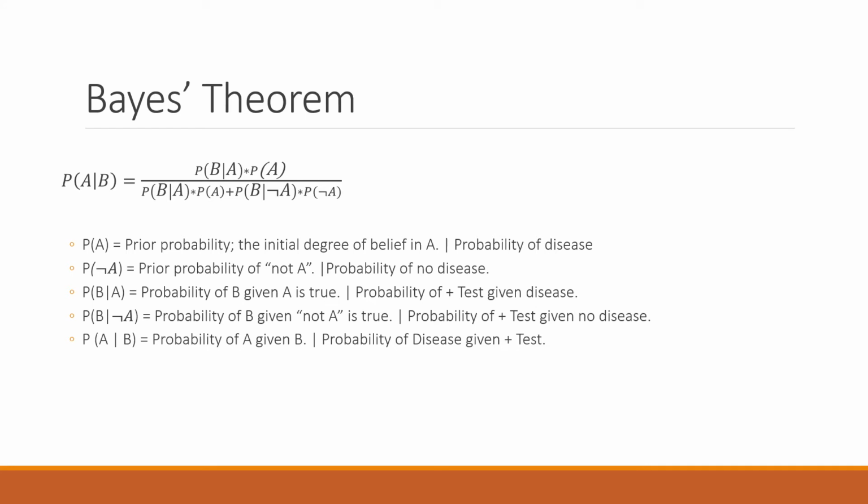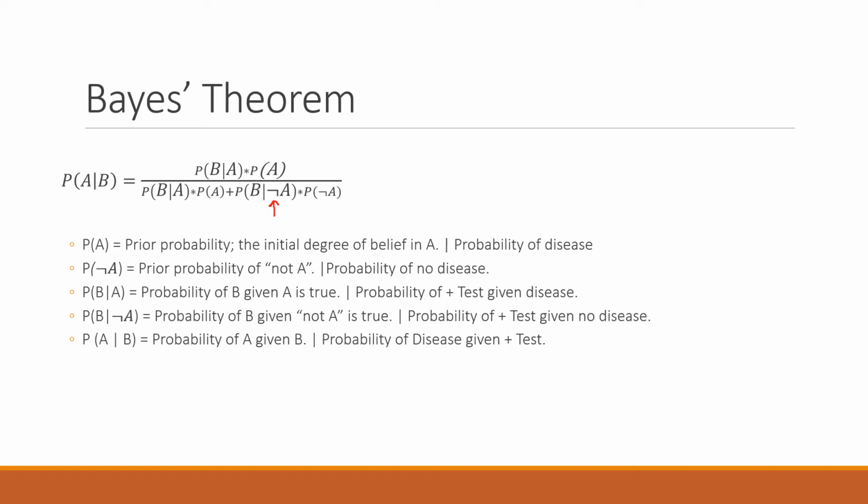So this is Bayes' theorem, and it divides the final probability into a section here. We've got a division here, and if we look at each one of these, we can see what each term is. A is essentially the disease, and B is essentially the test. This symbol that looks kind of like a backward 7 means not.